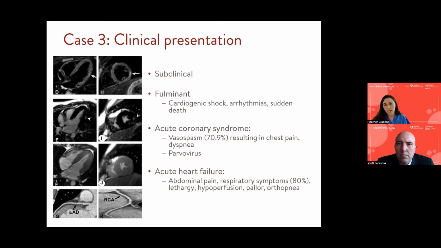So a lot of times when these patients present with chest pain or dyspnea, this can be directly resultant from vasospasm of their coronary arteries, usually about 70% or 71% presenting with those symptoms have evidence of this. And parvovirus is one of the ones now becoming more common that is classic to present in that nature.